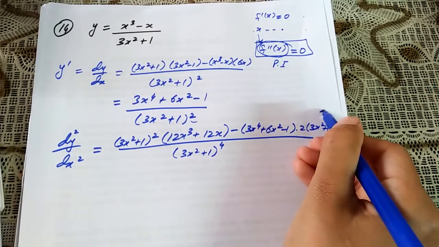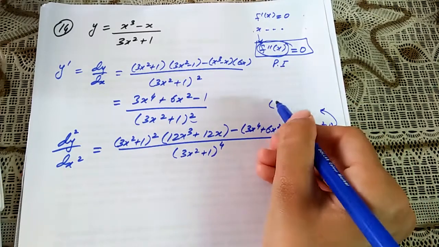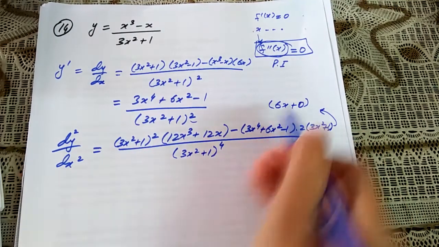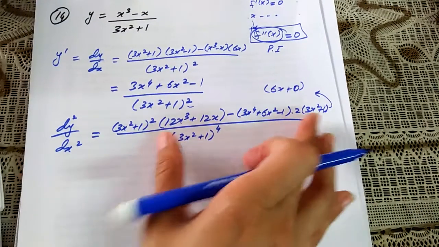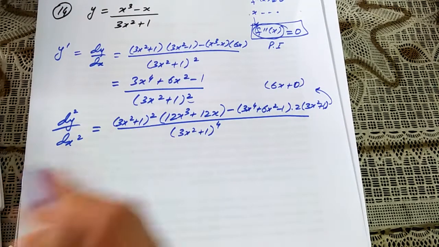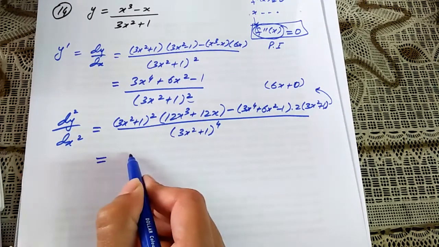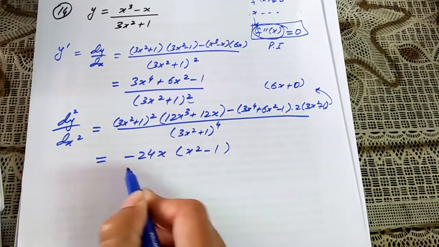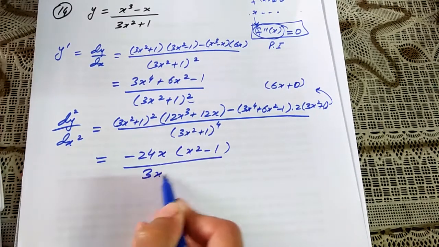Now open all these terms and simplify. After simplification, I get the answer: minus 24x times x squared minus 1 divided by 3x squared plus 1 whole cubed.